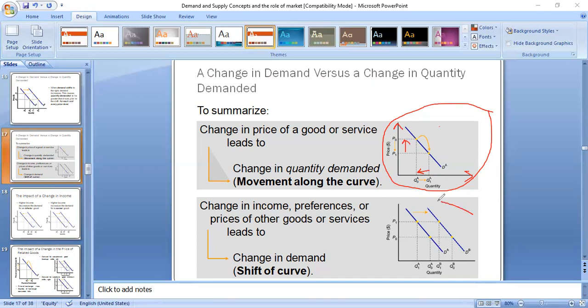We have seen what it means with the change in demand. It will be the shift of the demand curve either to the left or to the right due to the non-price factors. So the change in demand is caused by the non-price factors that affect demand. What are the non-price factors that affect demand?